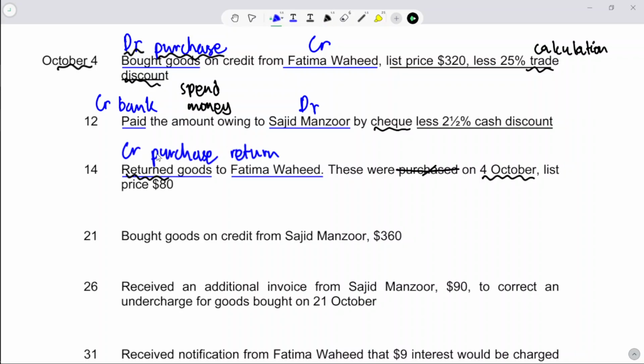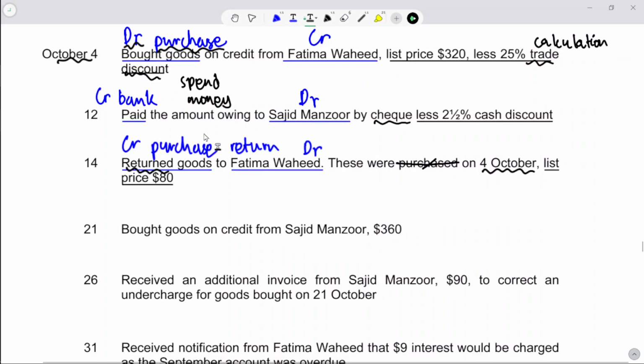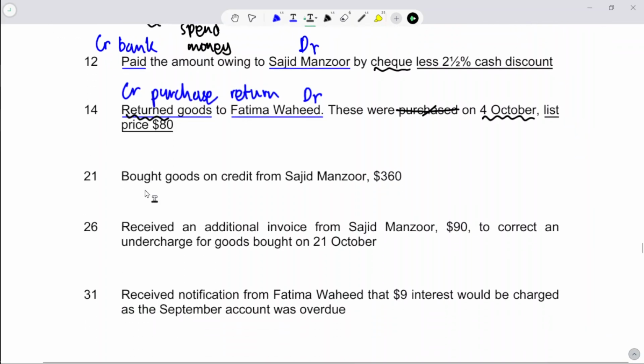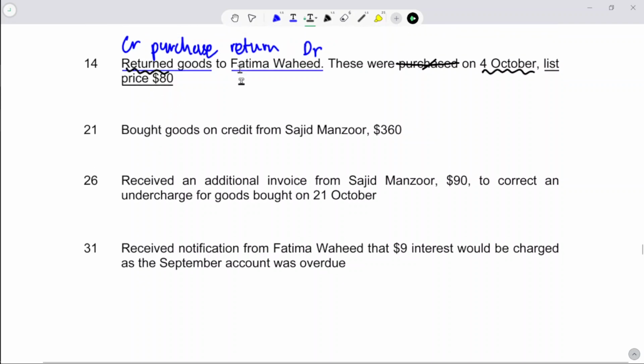Debit purchase, now become credit purchase return. If this one is credit, then this one is debit. Okay, let me scroll down. So first we also draw two lines.